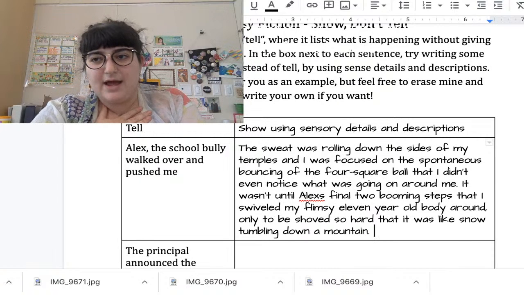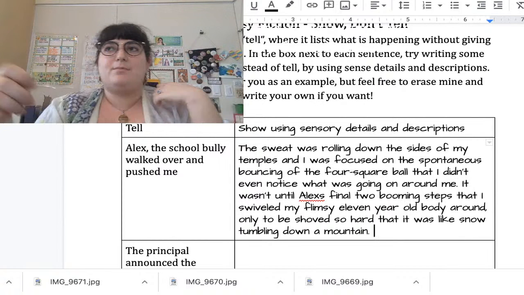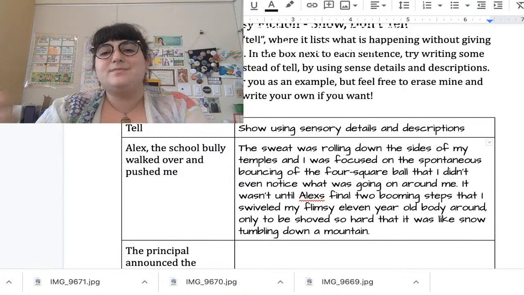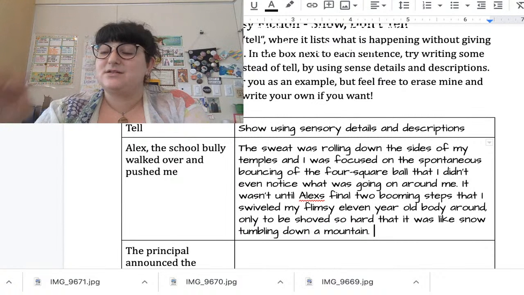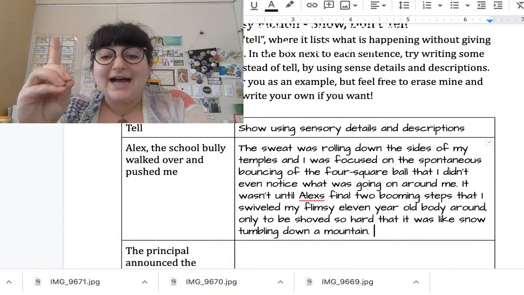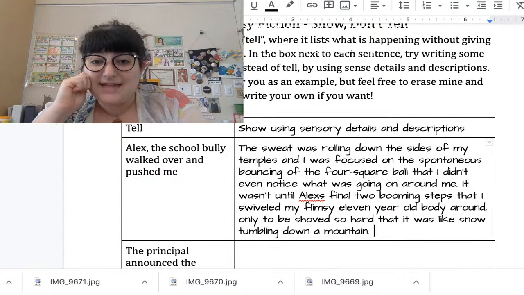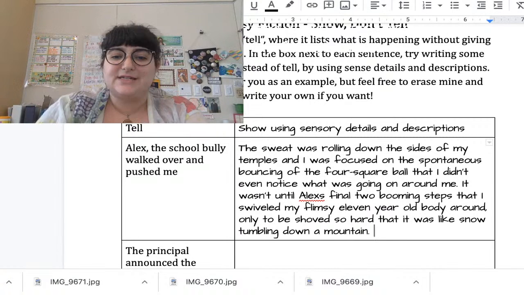Okay, so I want to create a picture that I'm sweating, my body is flimsy because I was tired, I've been playing. I could even add in sensory details about how hot it is. But I think that this is a really great start of using sensory details.